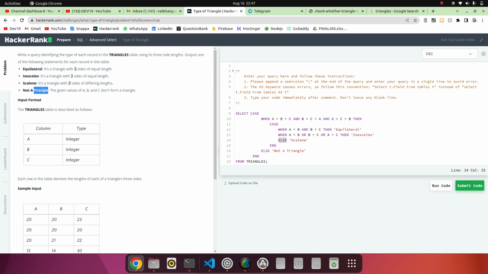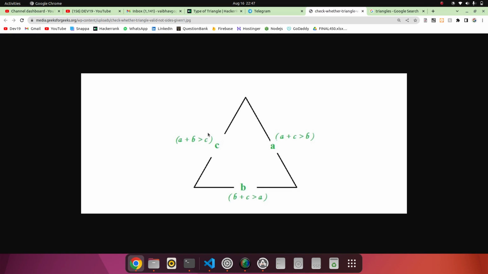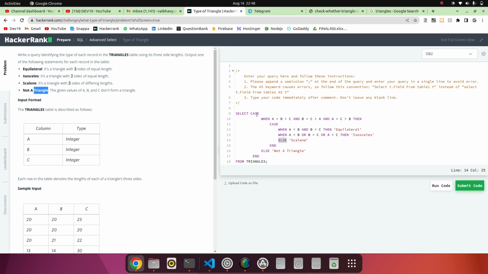Firstly we have to identify whether the sides satisfy the criteria of a triangle or not. So we first check whether a triangle can be formed at all. These conditions all need to be satisfied. Basically the rule is that any two sides should be greater than the remaining side, their sum should be greater. So this is the first if, where we start our if block.